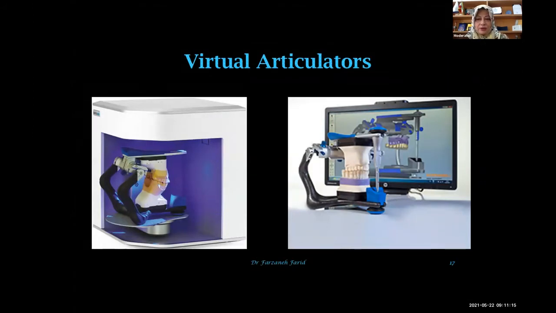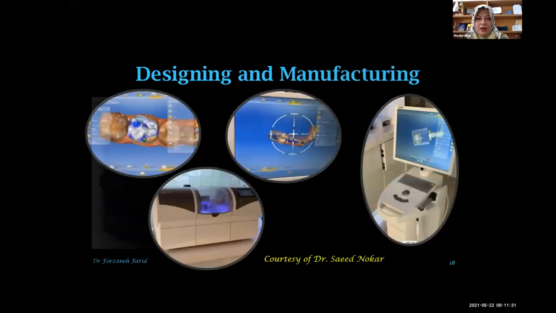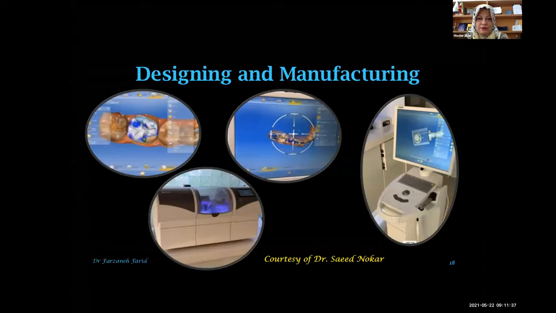How to transfer the data from the cast to the virtual articulator in the software differs from software to software, but it is now available. After that, we have designing and manufacturing, and it is something that my colleagues will talk about in detail, so I won't stop here.